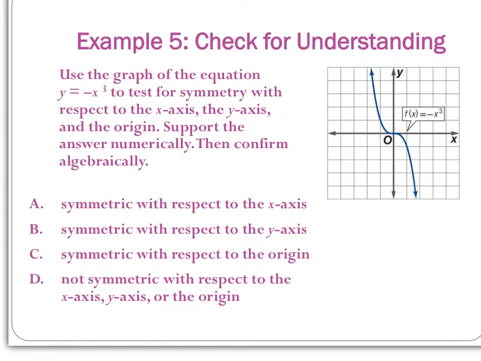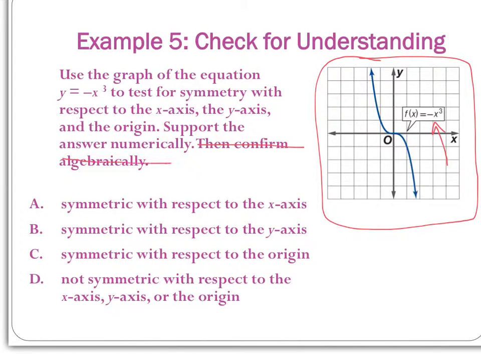If you graph it on your graphing calculator on a standard window, you should end up with a graph similar to the one drawn here. What you want to do is determine the type of symmetry this function has, and we can just support it numerically with a table of values. You do not need to confirm it algebraically. You have 4 choices, A, B, C, or D. Work out the problem and then press submit when you have found your answer.